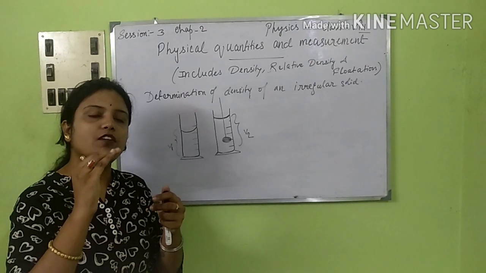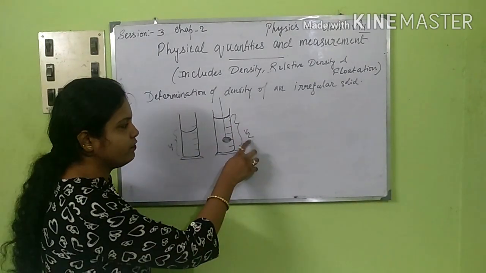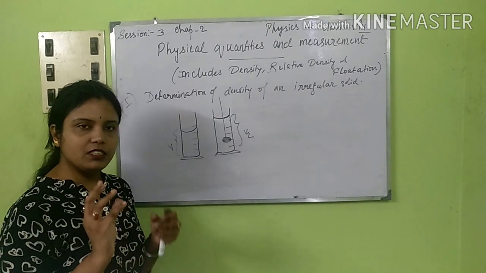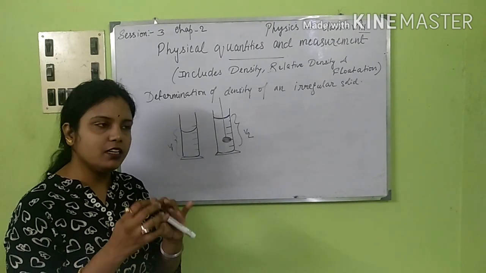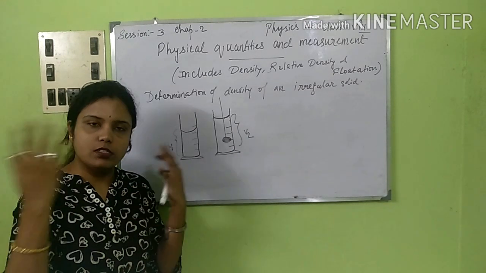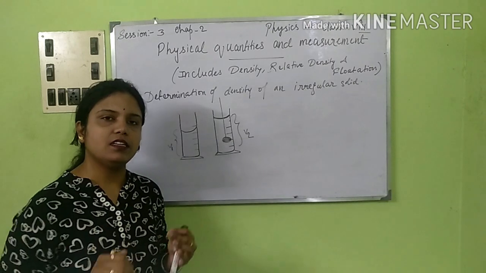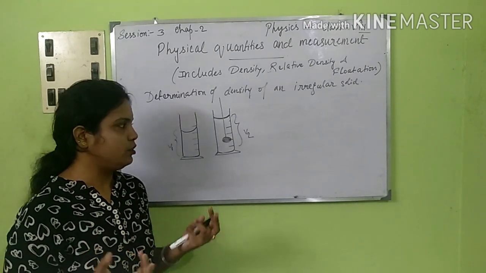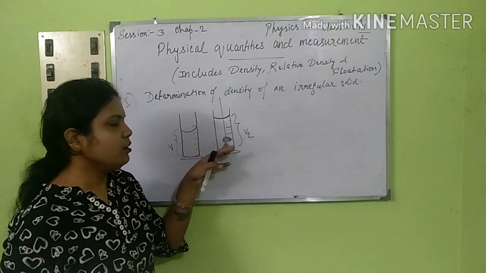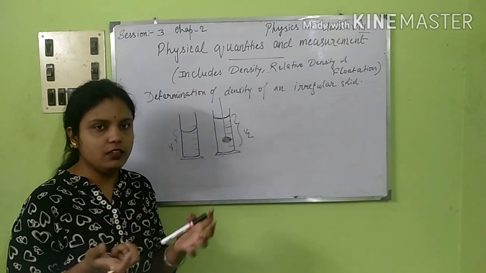So that particular volume has risen up, so that is the V2. Because whenever a solid is taking up a place, either the water goes out of the beaker or the cylinder, or there is a rise in the level of the water, because that is the volume which this solid has taken up in the liquid.